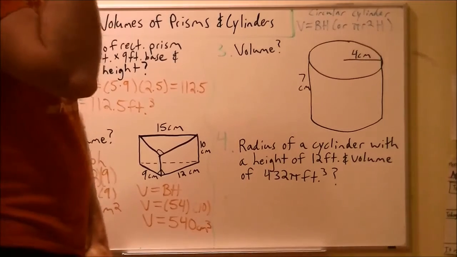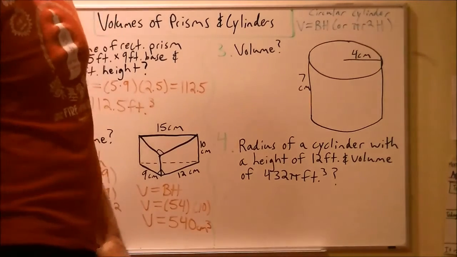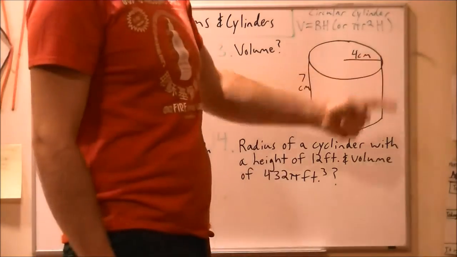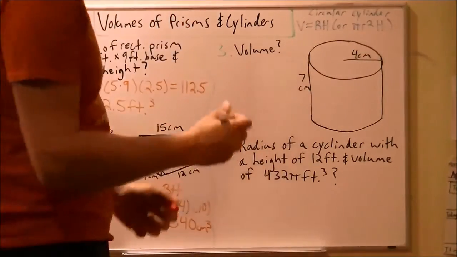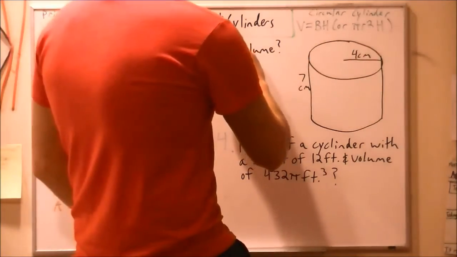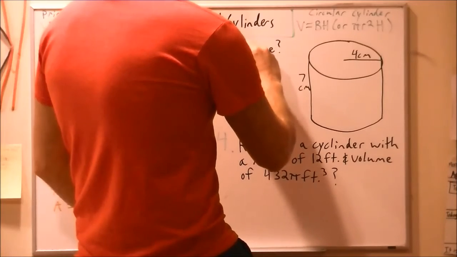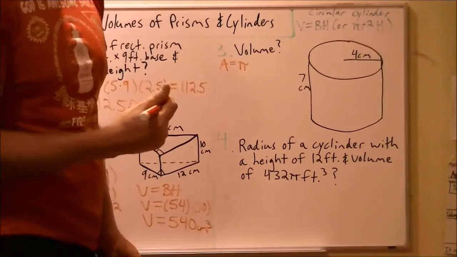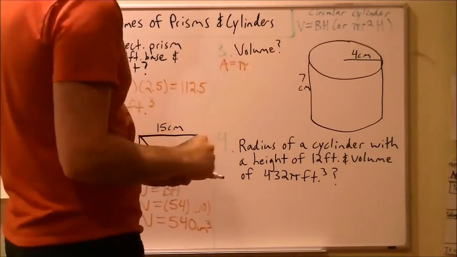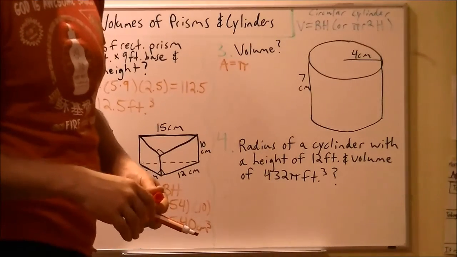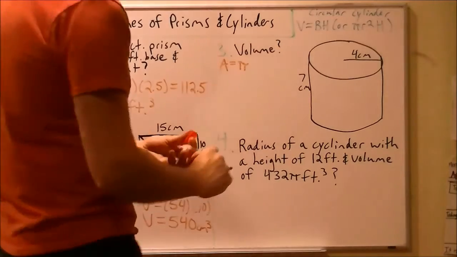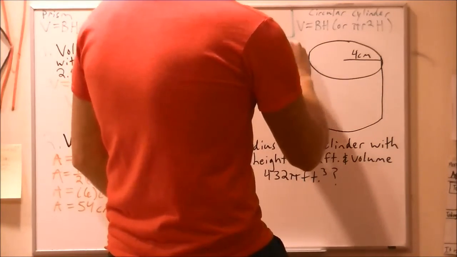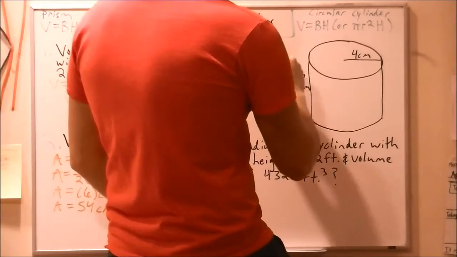Do I have a measurement halfway across the circle in number 3? I most certainly do, and that is 4 centimeters. So the area of a circle is pi times r squared. What's my radius? 2 times 2, it's 4. So pi times 4, and don't forget to square that.